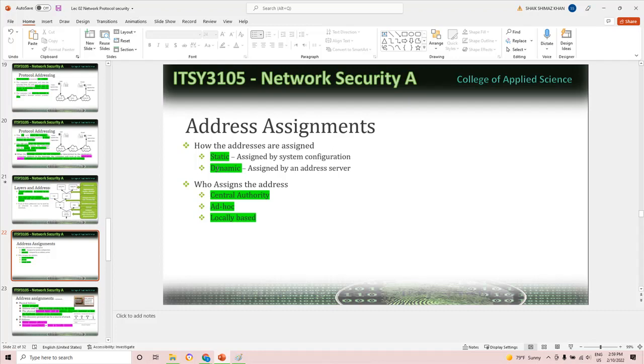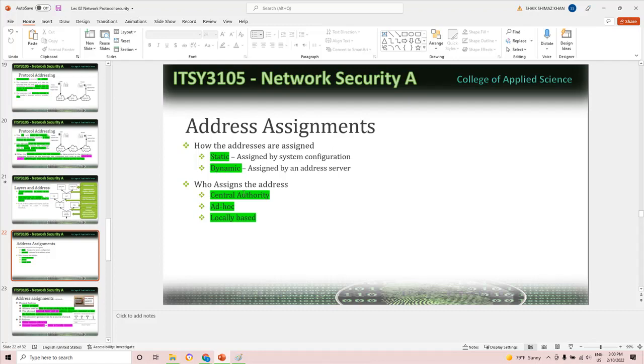If it is done automatically by some service, like an IP address given by a DHCP server, or a port number assigned automatically by the operating system or by some application, it is called dynamic. So the IP address or the port number can be configured statically or dynamically.